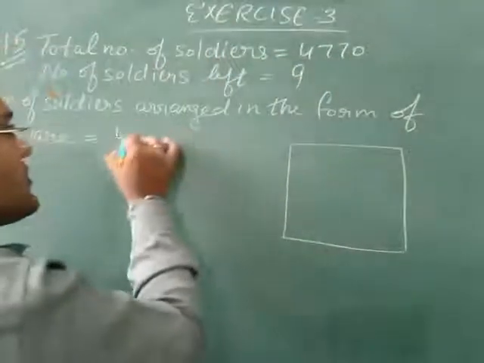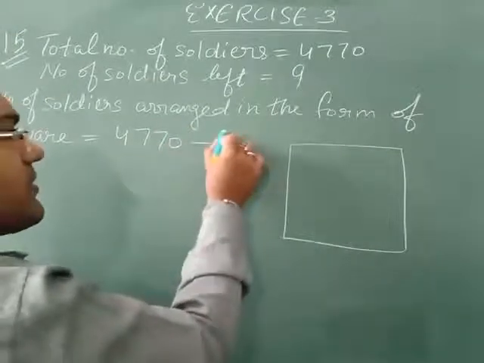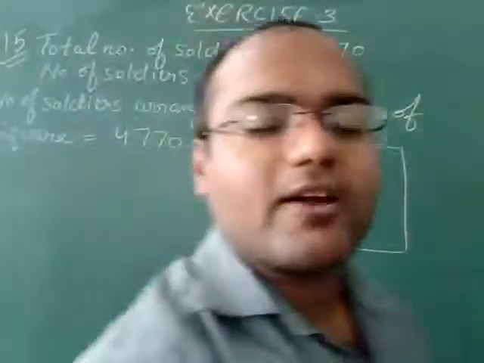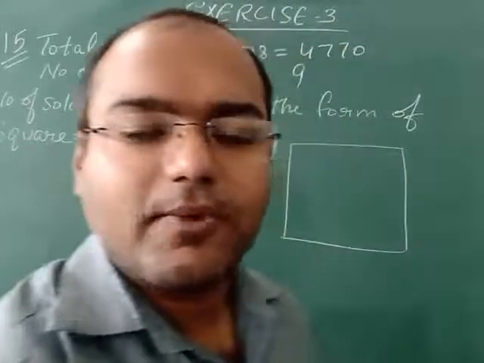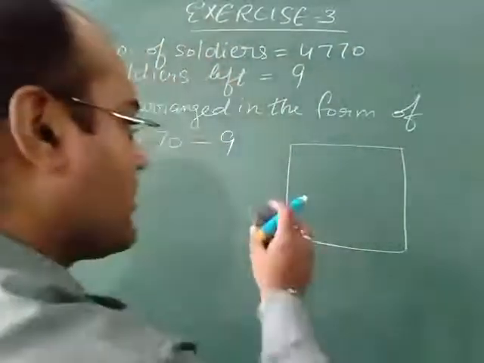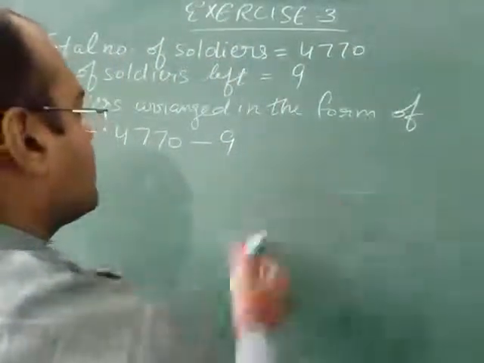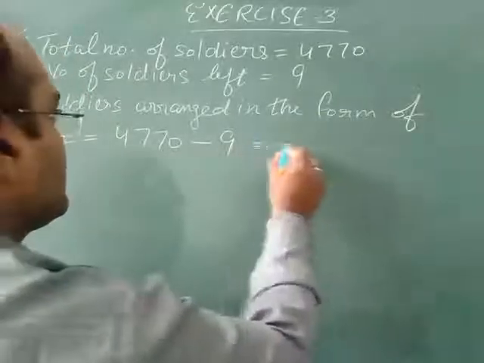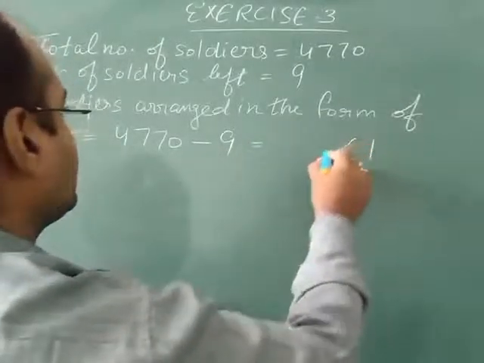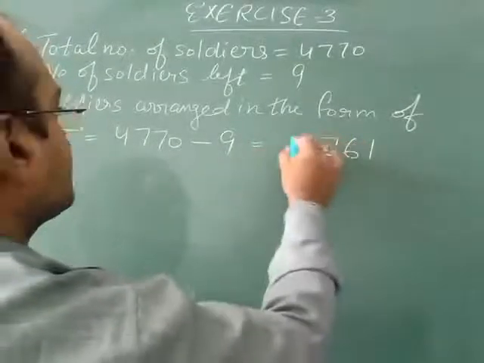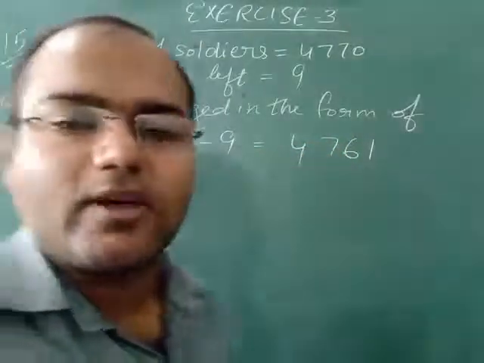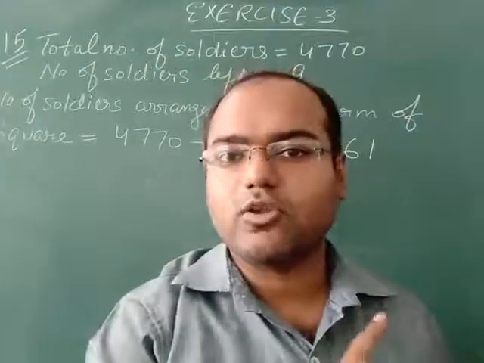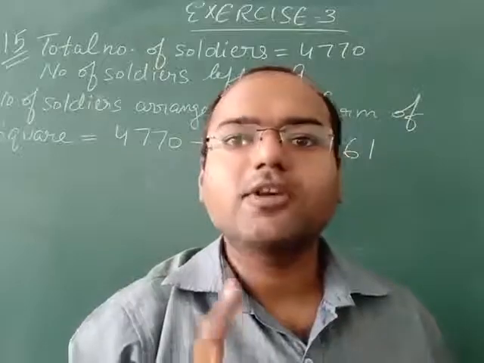Out of 4,770 we will subtract 9, because 9 are not there in the square arrangement. 9 square arrangement में नहीं थे, इनको हटा दो. So we will get 4,761. That means this many soldiers are arranged in the form of a square.